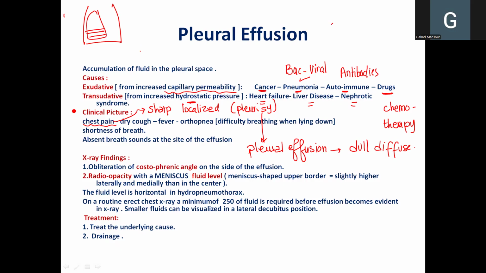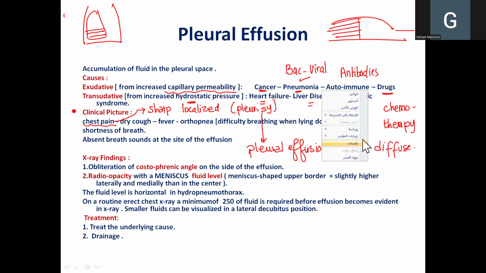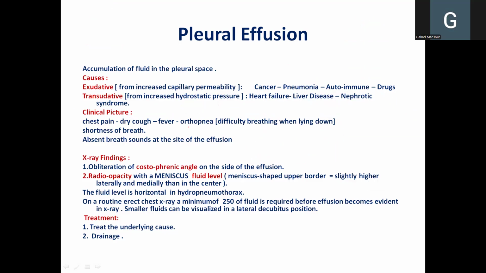But if the patient sleeps like this, the pleural fluid will redistribute itself and cover the whole lungs, and this is the cause of orthopnea. So orthopnea means that you have dyspnea or difficulty breathing only when you lie down.